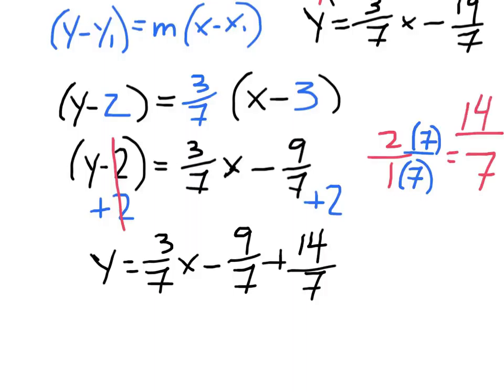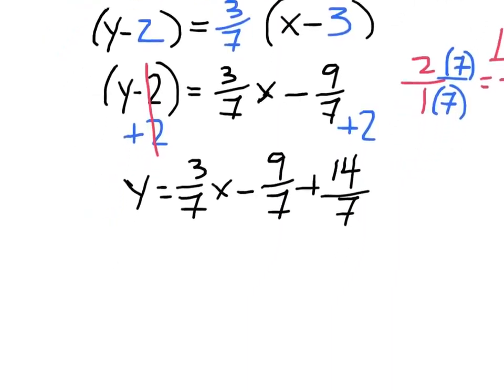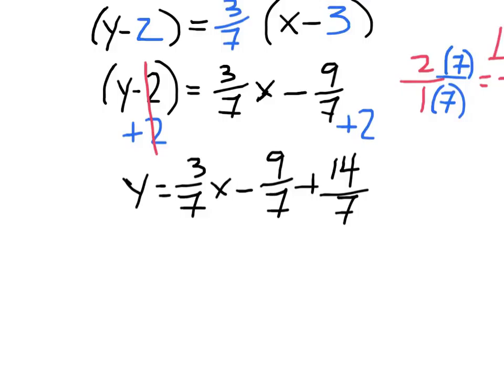So the 2 is written as 14 over 7. Now we see 14 minus 9 is what? I don't know, 5 maybe? So that gives us 3/7 x plus 5 over 7.